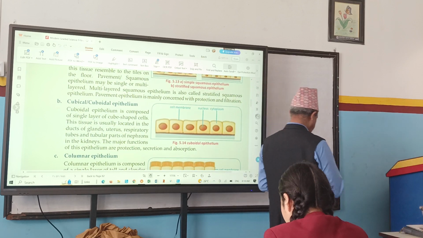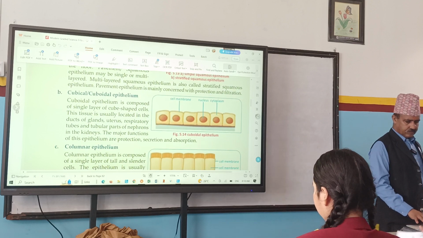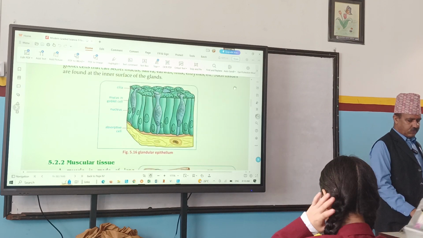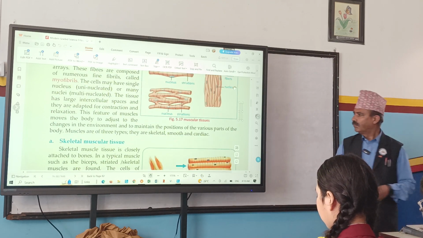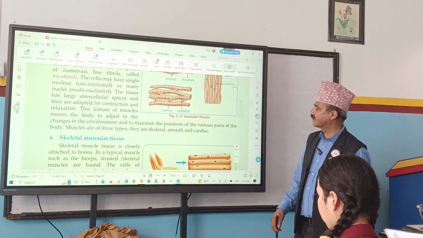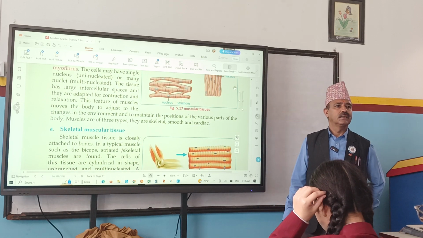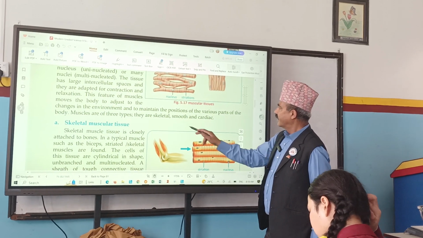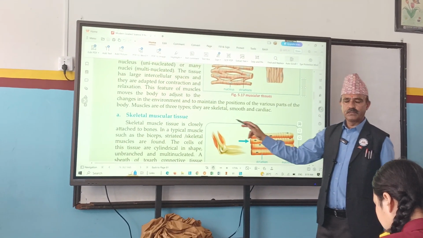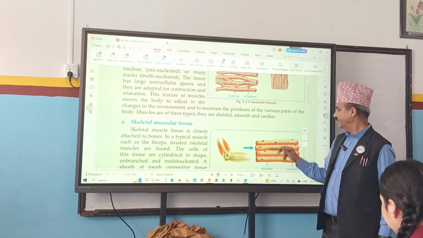So, students, today what are we going to discuss? Do you know? Today we are discussing muscular tissue. You can see here muscular tissue. So, muscular tissues are of how many types? Three types. What are they? Skeletal muscular tissue, smooth muscular tissue, and cardiac muscular tissue.